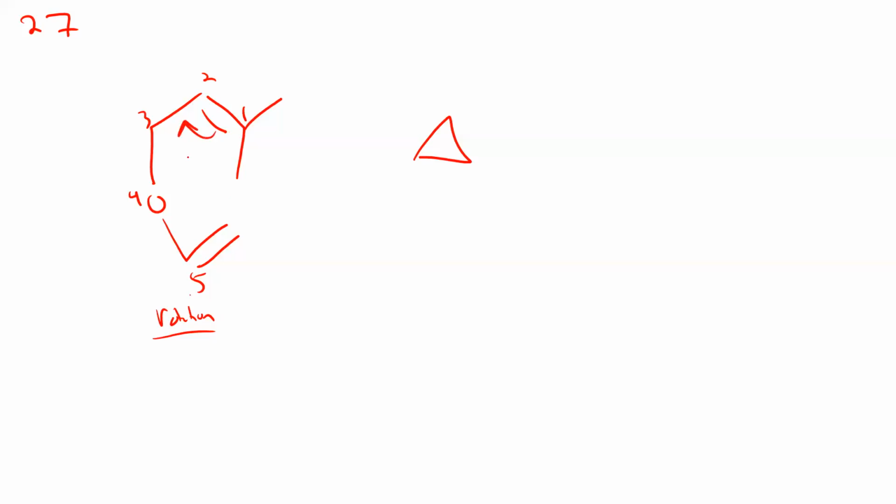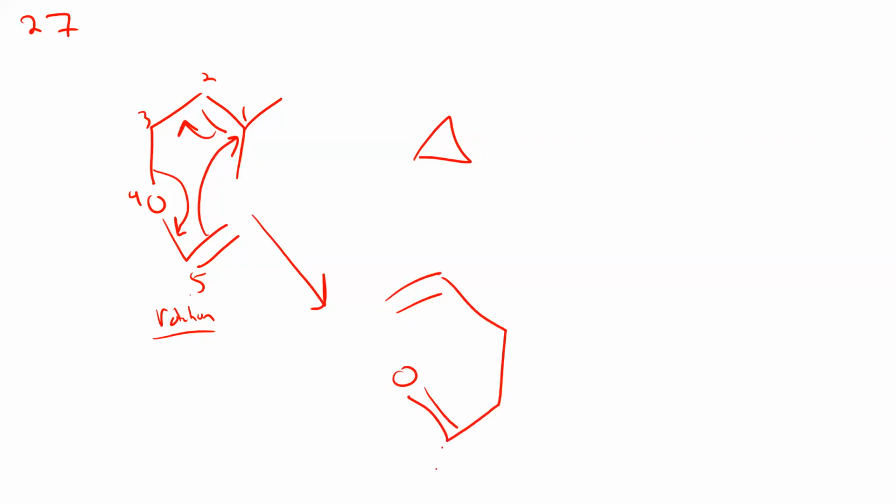Go here, here, here. So we form this aldehyde right here. And we have the 2 methyl groups coming off.